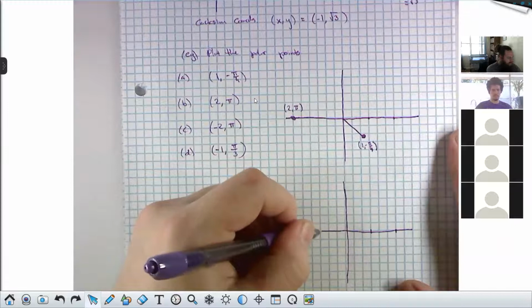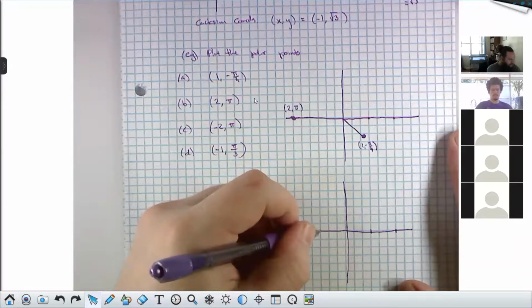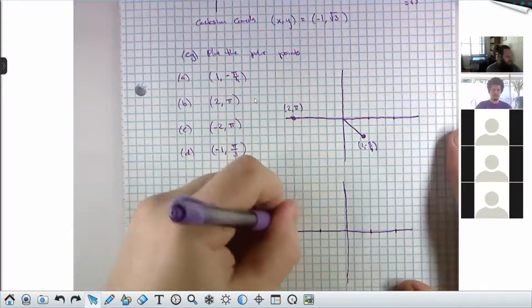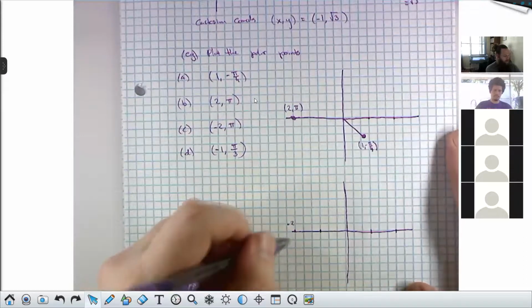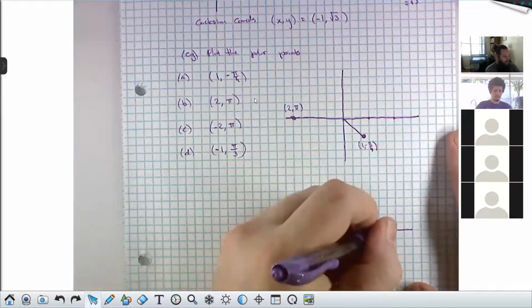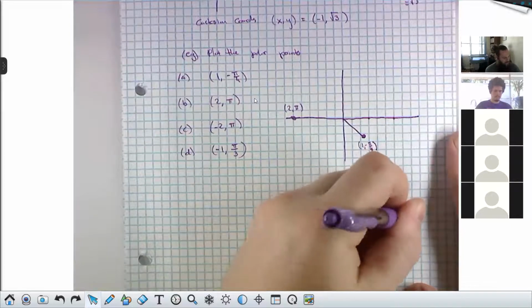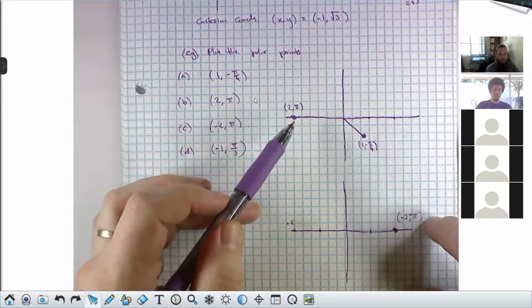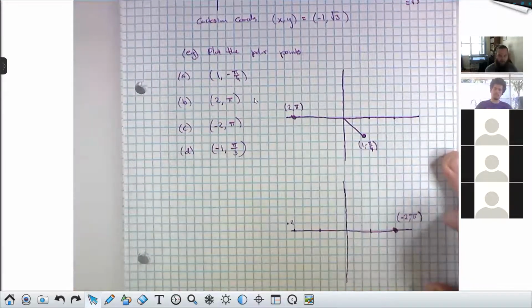So this would be like negative 1 and negative 2. You could walk out to negative 2 along the polar axis and then rotate in the positive direction pi. So it turns out that this point right here is negative 2 comma pi. And you see some symmetry between these guys, right? That's the other way.